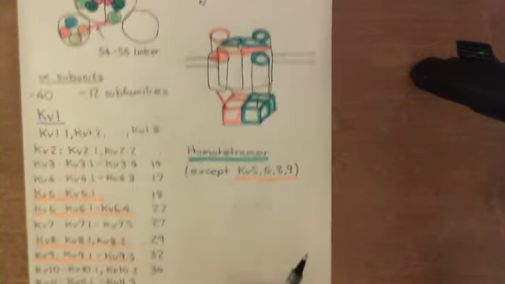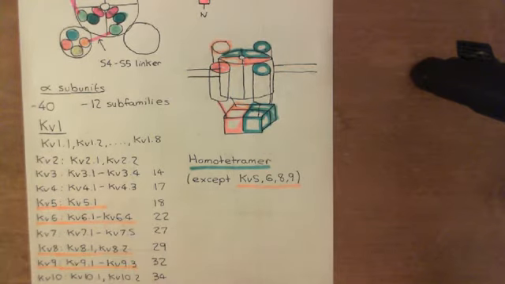Whereas if you took Kv1.1 and put it into these cells that have had voltage-gated potassium channel genes all removed, you would find functional voltage-gated potassium channels being produced that were homotetramers of Kv1.1. So those are the 4 families which don't form homotetramers.